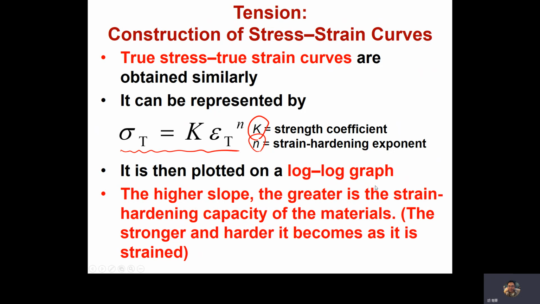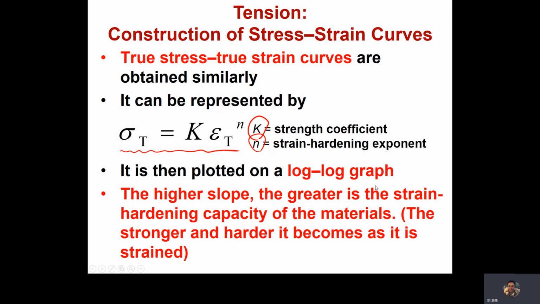Therefore, if this material has the highest slope, that means it has the higher value of n, so it has the higher capacity to withstand plastic deformation when strain hardening. After strain hardening, this material has the higher hardness and stronger strength than others.